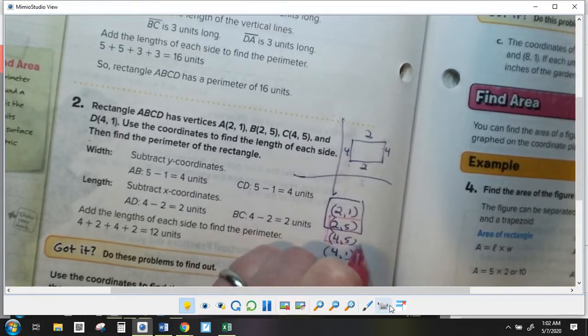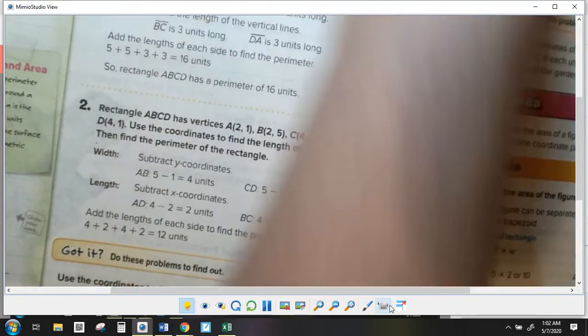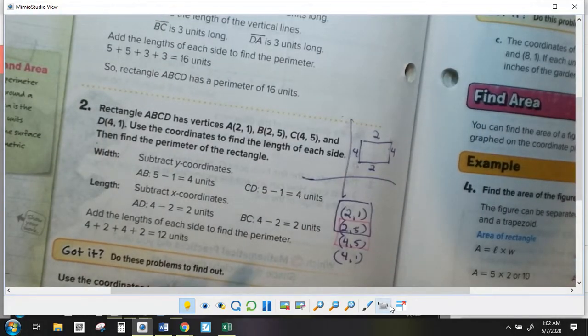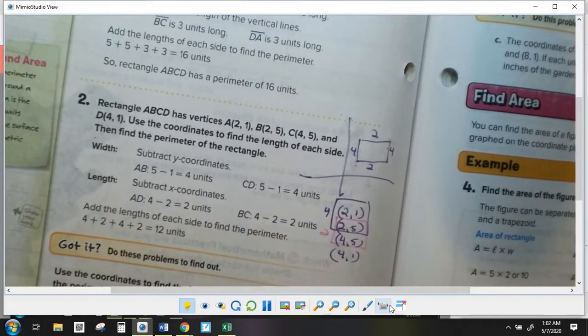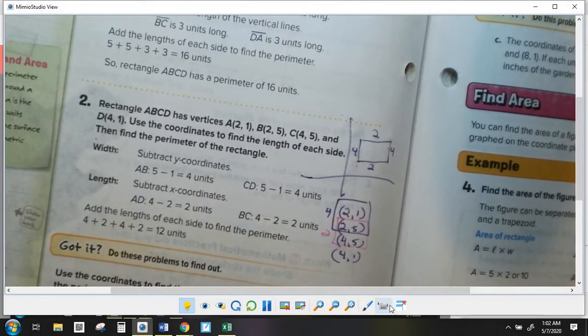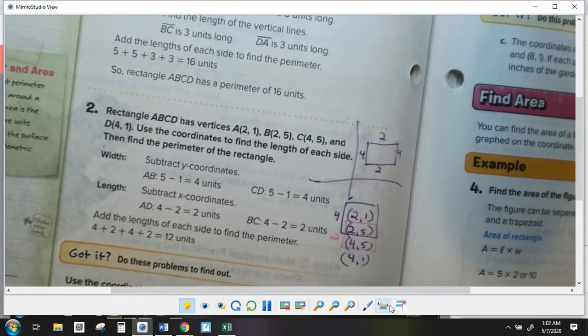But then if I see these two that have the same y, then I just subtract those. And the beautiful part about a rectangle, if I know that this is 4 and I know that this is 2, I know the other sides are the same measures. Okay, so if you can wrap your head around how to do it this way, it's actually super, super fast.